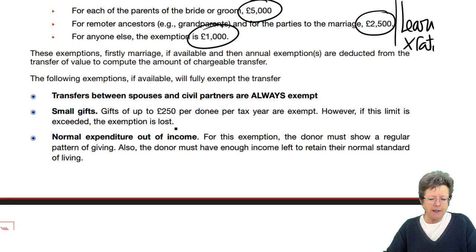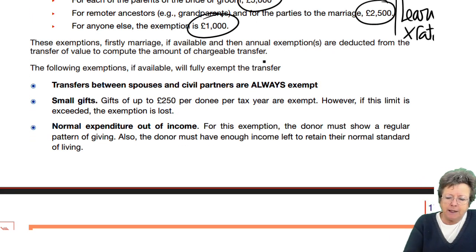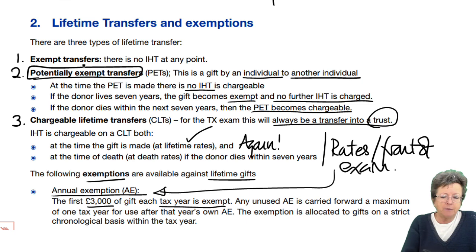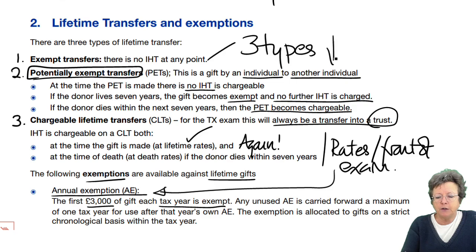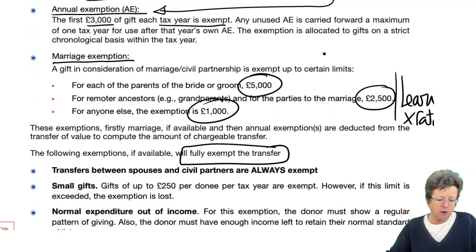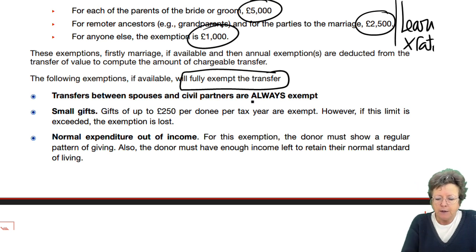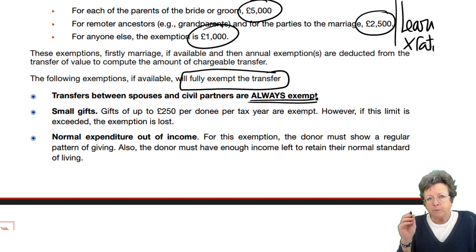Now, these are the fully exempt transfers. Do you remember at the beginning we said that there were 3 types of lifetime transfer? The exempt transfers are the ones you'll see if you look down the page. They are the transfers between spouses and civil partners. Now, they're exempt.